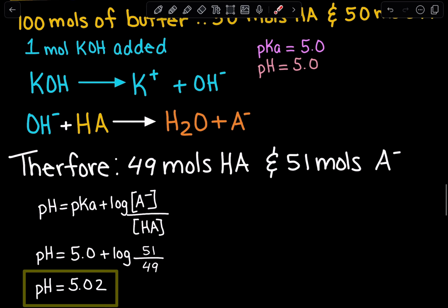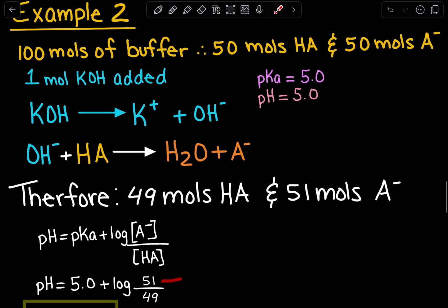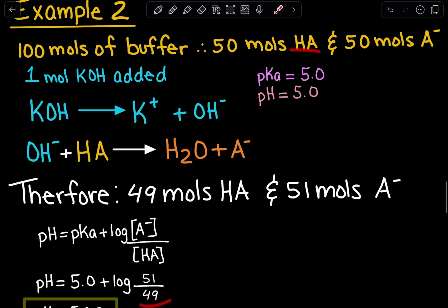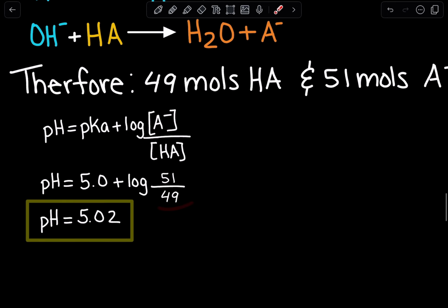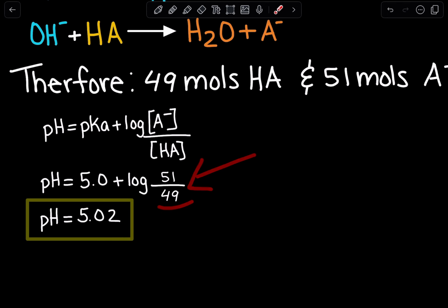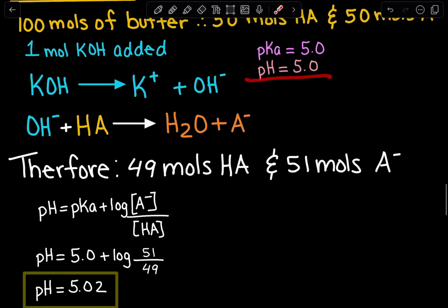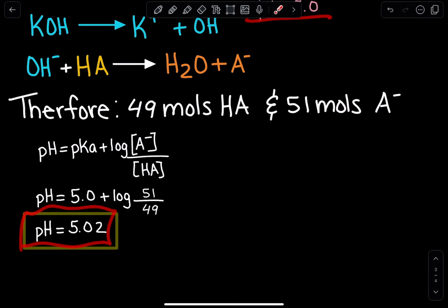Now we are going to have 51 moles of A minus and 49 moles of HA. As a result, when we plug in our new values and calculate the new pH, we have a pH of 5.02, which is a very, very small change in pH. We started off with 5, now we are at 5.02.